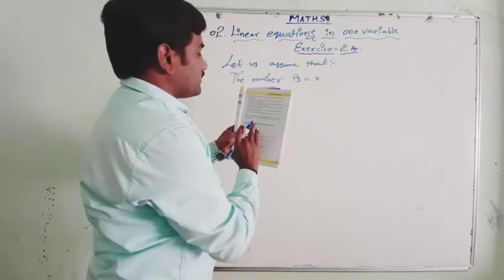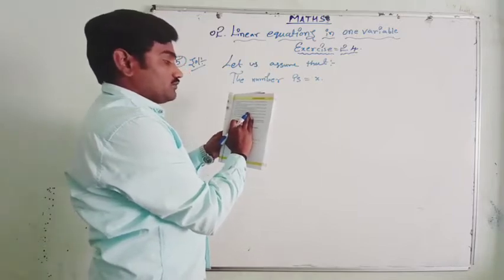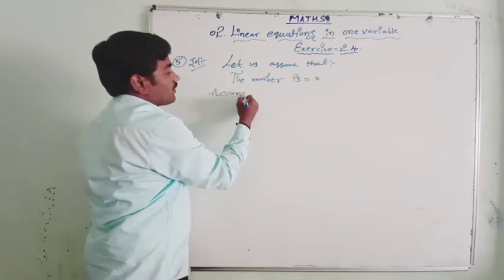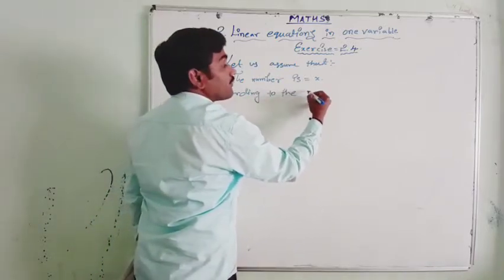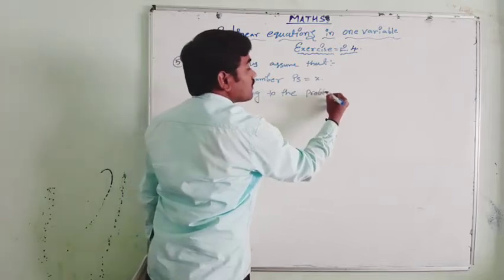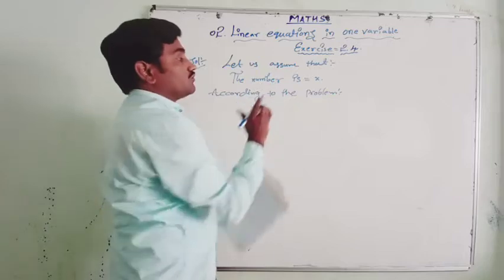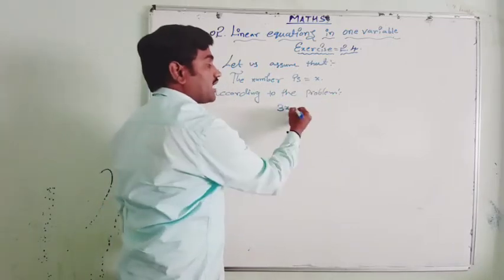According to the problem here, see, when I triple a certain number and add 2, triple in the sense 3x, 3 times, and add 2.